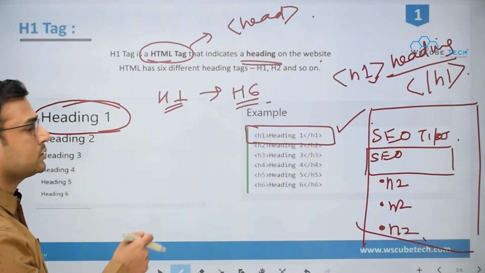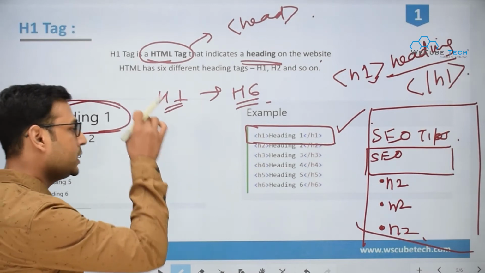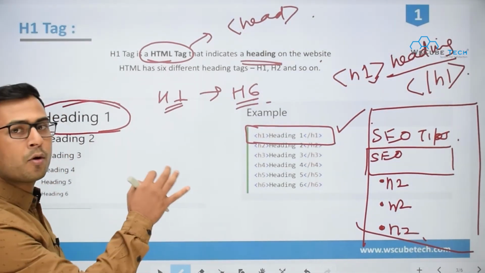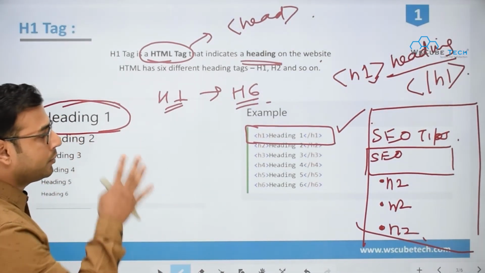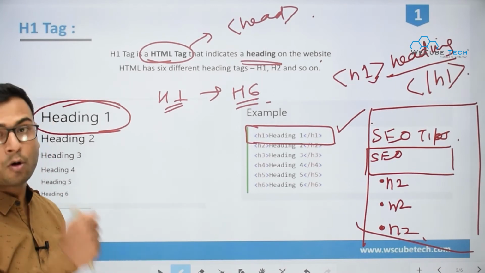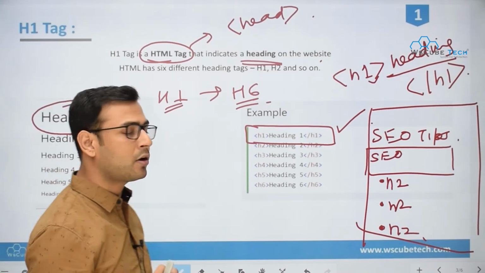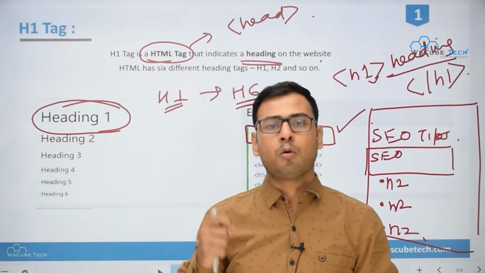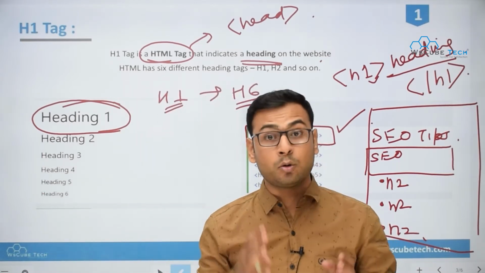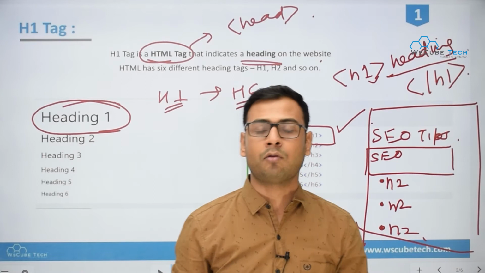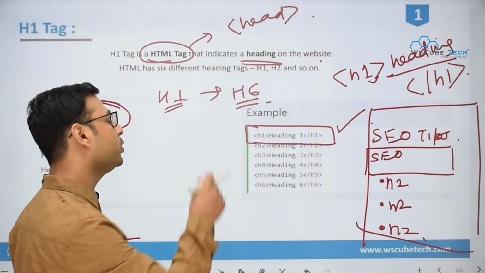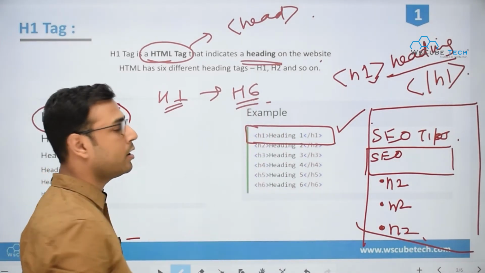The heading tags give structure to your website. When you provide proper structure to your web page, it helps crawlers understand the structure of your web page, what elements are on it, and what type of content you have. So it becomes important for you to use these heading tags on your web page.